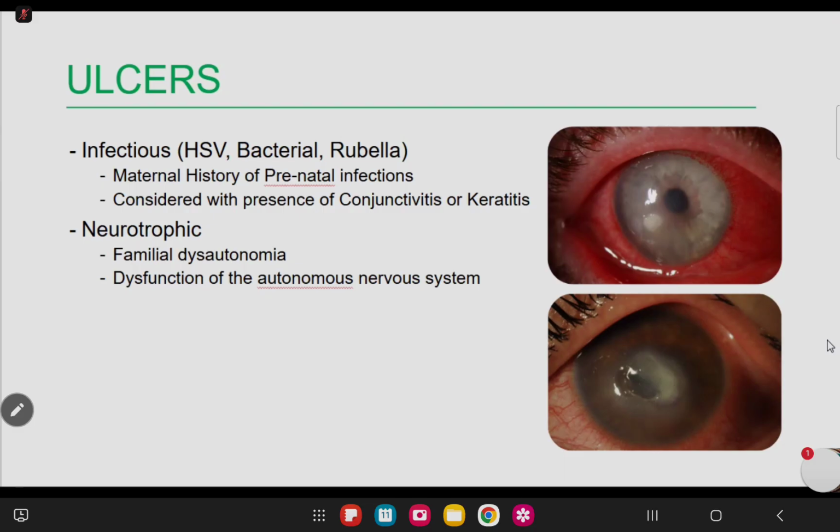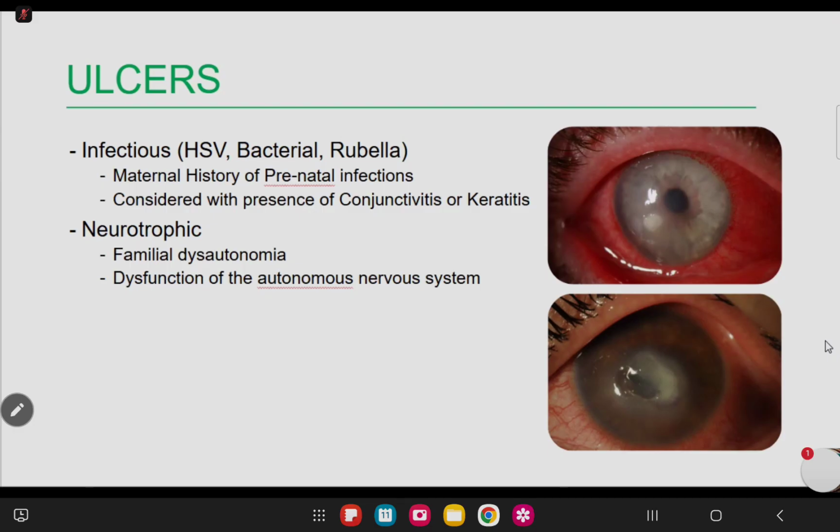For neurotrophic, the ulcer is coming from a dysfunction of the autonomic nervous system. So your patient has less reaction with the nerves of the cornea. So there is familial dysautonomia. The patient's nervous system is not that well functioning.